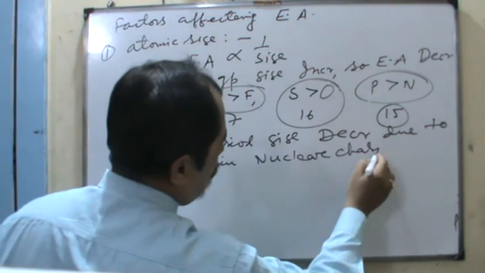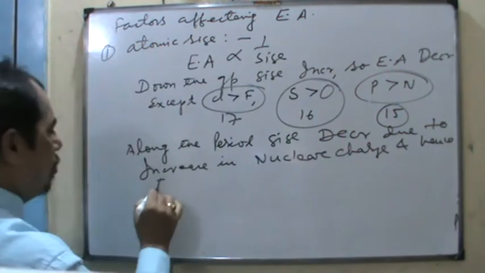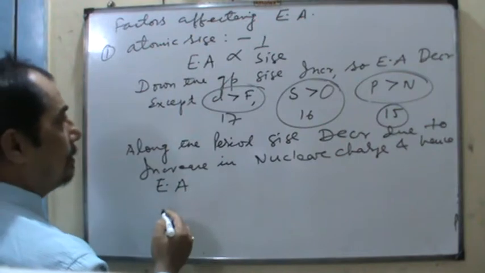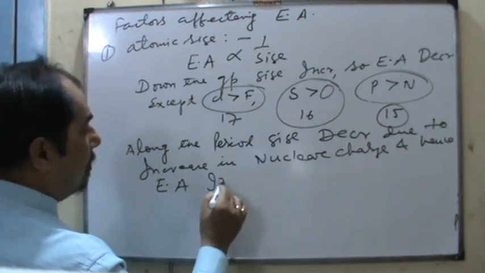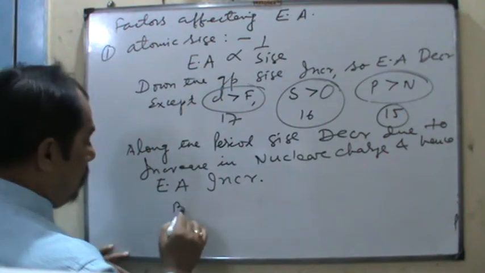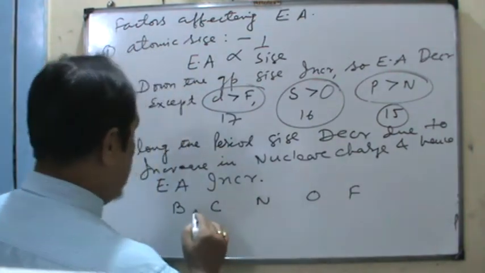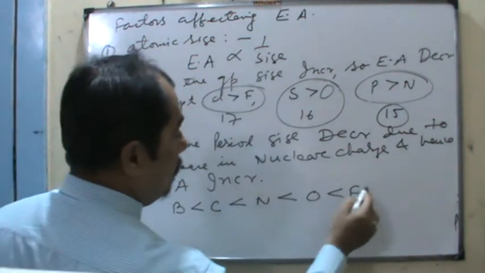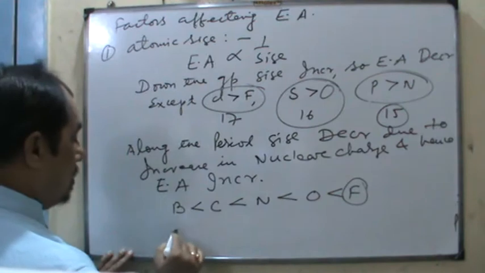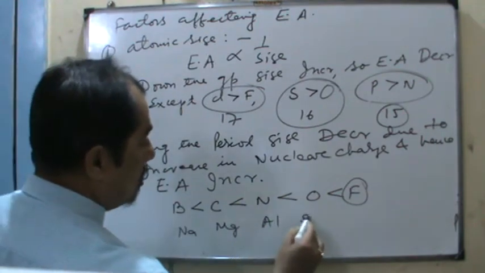Nuclear charge, and hence electron affinity increases, like boron, carbon, nitrogen, oxygen, fluorine. So fluorine has more, like sodium, magnesium, aluminum, silicon.